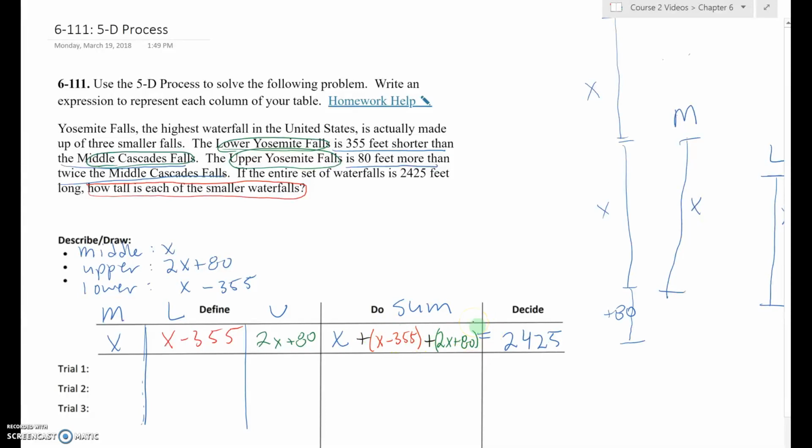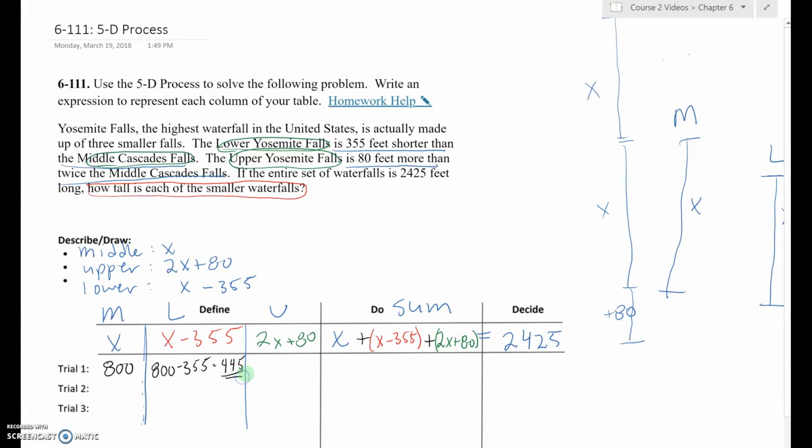But it's asking us to give this a try using the 5D process. So there's 3 waterfalls here. Let's try 800 feet for our middle fall. So the lower one would be 800 minus 355, that's 445.